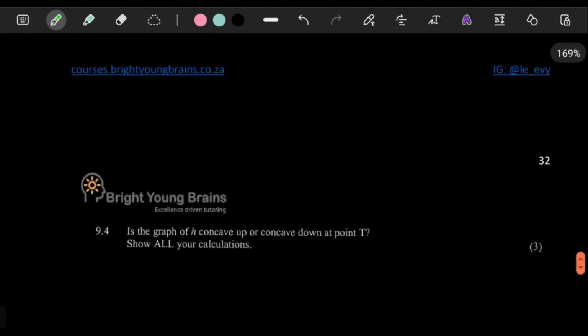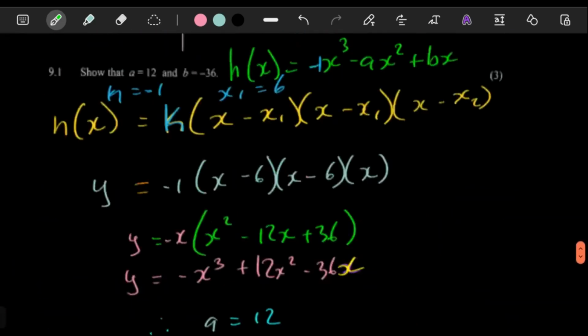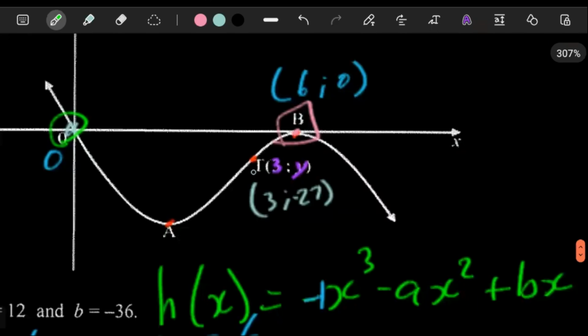Moving on, 9.4 says, is the graph of h concave up or down at point t? Well, it looks like it is concave down. The reason why it is concave down at t is because the one x value here is at 2, the other one is at 6.